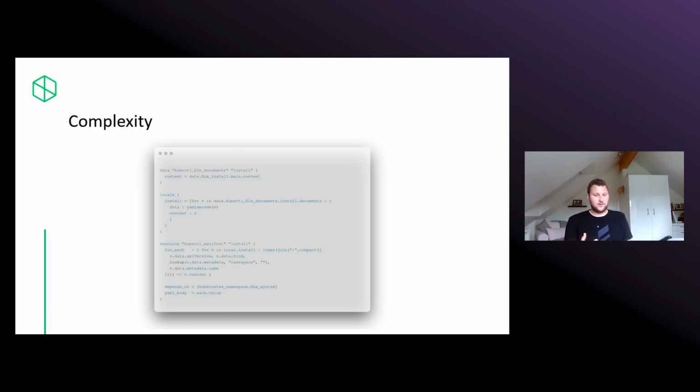The kubectl provider does not allow you to apply these multi-doc YAMLs in a single shot. That is different from how the kubectl CLI works, where it allows you to apply multi-doc YAML without any issues. So what we have to do is split the multi-doc YAML for this data source, the kubectl file documents data source, into separate YAML objects.